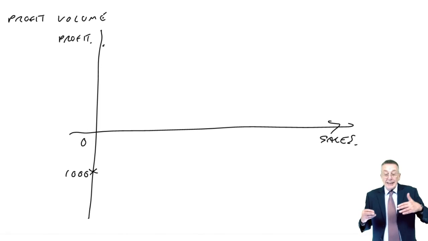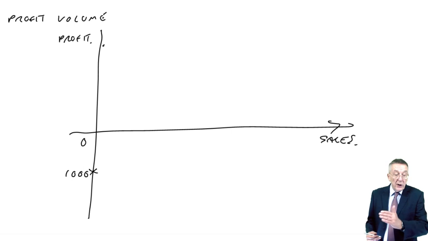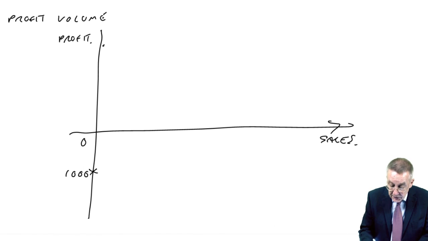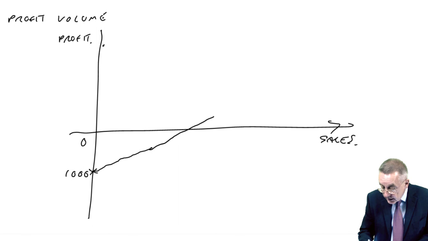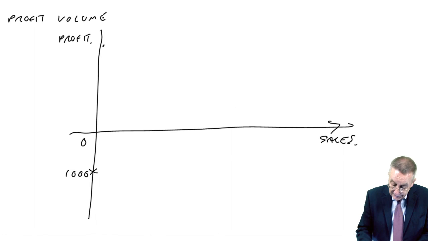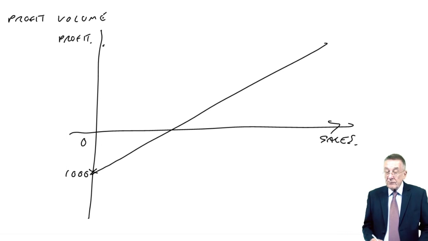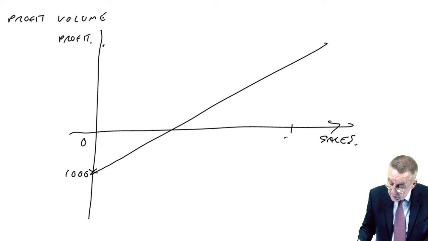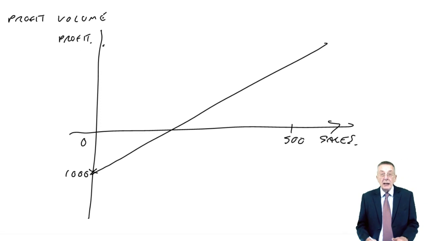As you start selling units, well, you've always got your fixed costs, but we start earning a contribution, and surely as a result, the loss will reduce and we'll eventually start making a profit. And in fact, you see, if sales were 500 units, how much profit did we make?